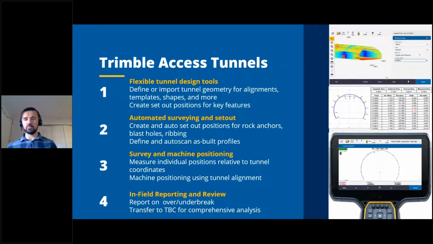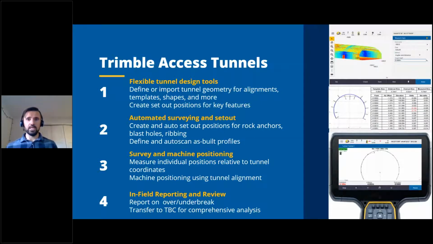And the survey and the machine positioning. So along with just general positioning in the tunnel, whether I just need to know where I am, if I'm marking stationing along the tunnel, or if I'm collecting certain points, if I'm setting out patterns, or I'm setting out different kinds of features at certain stationing and offset along the tunnel, I can use that in Trimble Access. I can also do the basic machine excavation positioning or drill positioning, and that in-field reporting and review.